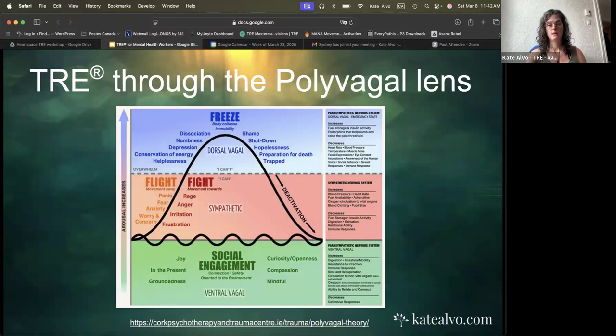And he gave a presentation of TRE and he had people tremor on stage. Stephen Porges was at that conference, and right after, Stephen came up to David and said, I think I understand what went on here. And so he explained it through the polyvagal lens. So these days when we take the TRE training, they put a lot of emphasis on explaining polyvagal theory and understanding it that way.